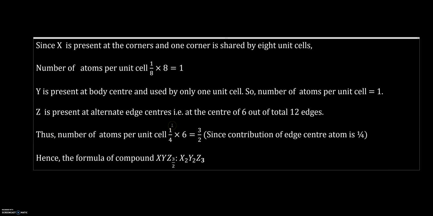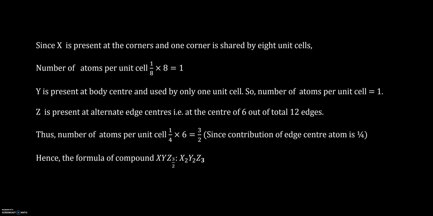Now, X is present at the corners and one corner is shared by 8 unit cells. This is what I took time to explain. So the number of atoms per unit cell is simply 1/8 times 8, which is 1. Y is present at the body center and it's used by only 1 unit cell. So there's just 1 there. So far I have X and Y, and Z is present at alternate edge centers.